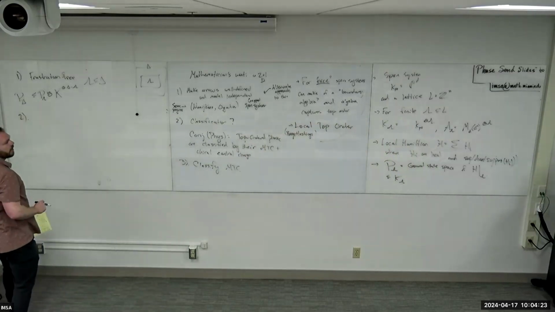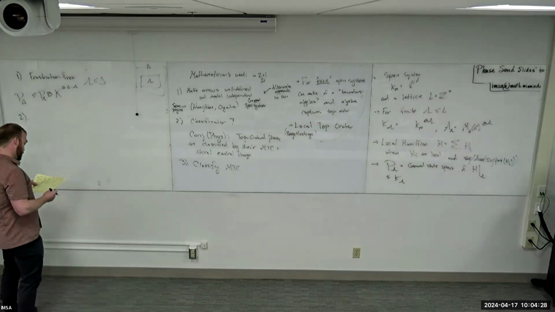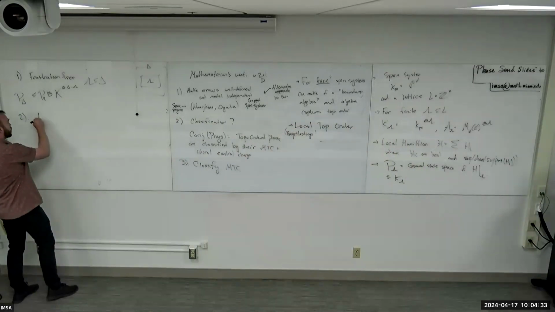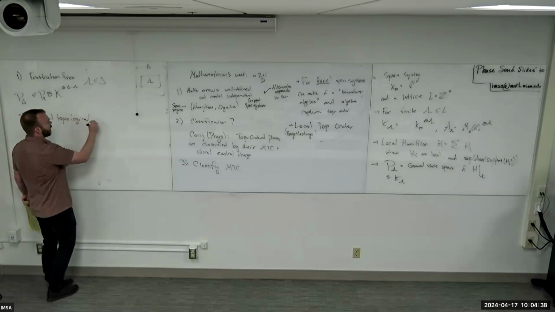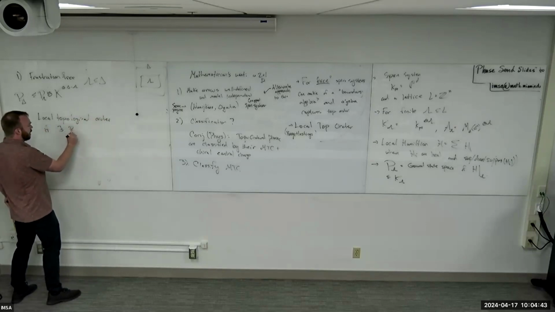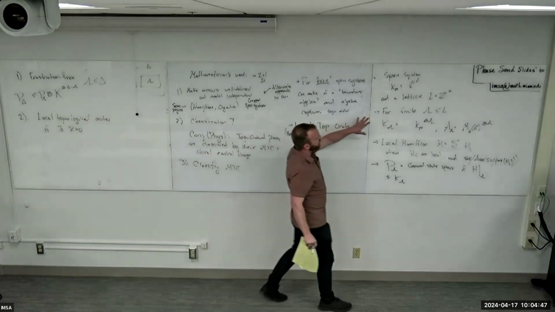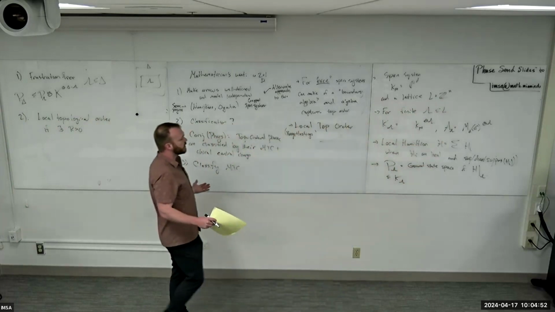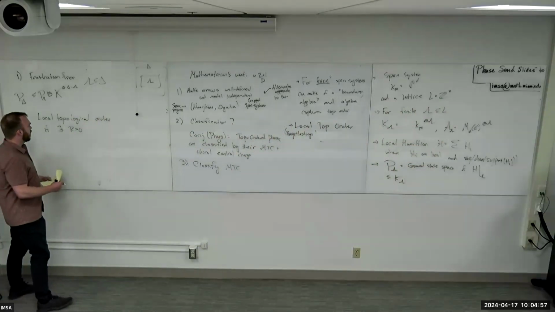This is something you usually need to assume when you're trying to do things like this. Okay. Then local topological order happens when there exists R bigger than 0. Now I'm going to use a formalism with rectangles because I'm assuming I'm in some lattice like this, but it's easy to write down a formulation for whatever lattice you want. There's nothing really special about rectangles.